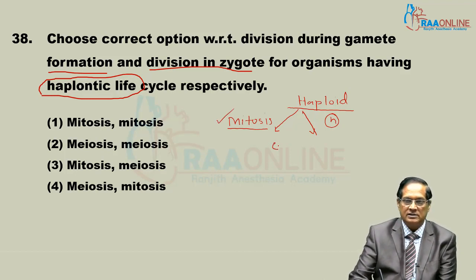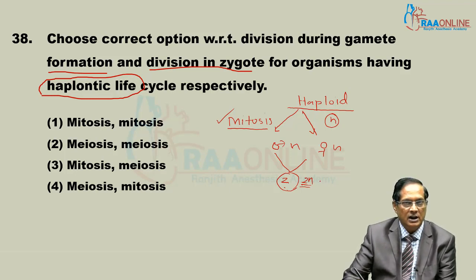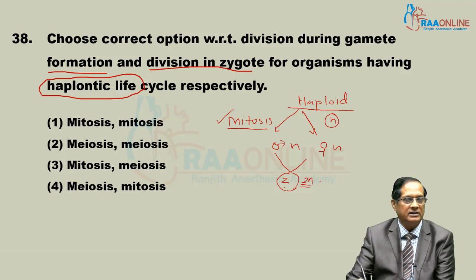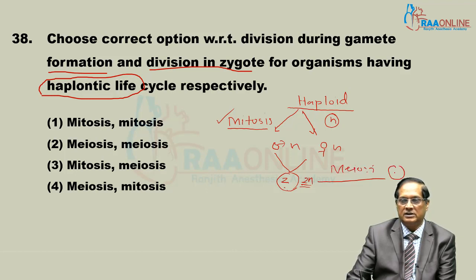As a result of mitosis, male and female gametes are formed. Their fusion takes place and a zygote is formed. What is the ploidy of zygote? That is 2n. But it does not develop into an embryo. In that case, the zygote divides by meiosis, and a cell with one set is formed, and this develops into the new plant body.